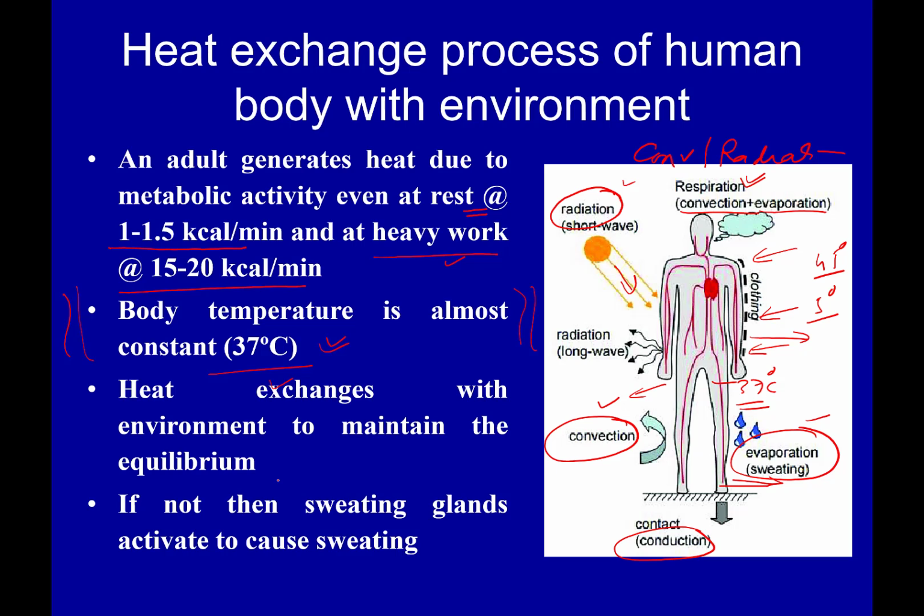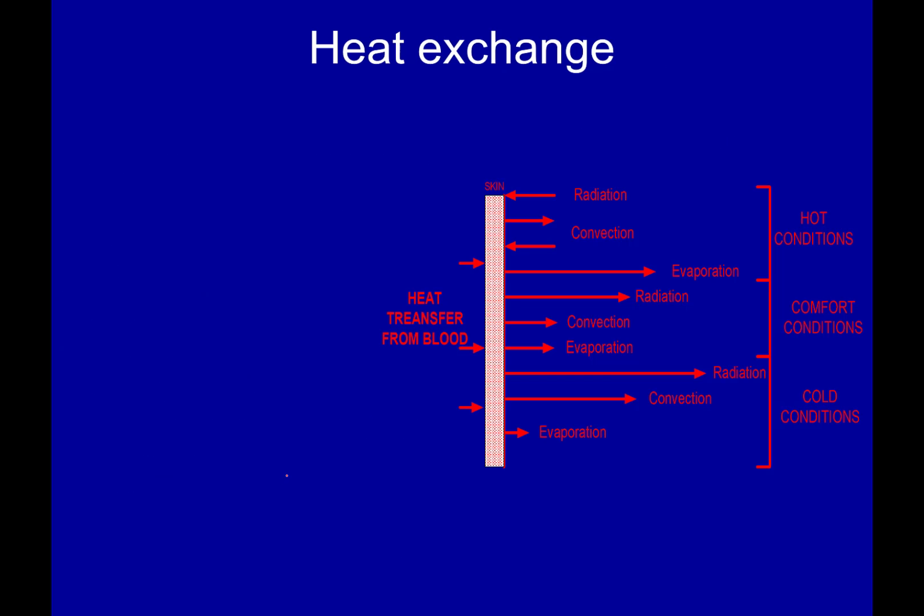So there are different aspects related to this. Here, when the surrounding or ambient conditions are hot, this is the skin, close to which blood circulation is taking place. So heat is transferred from the blood through the skin.